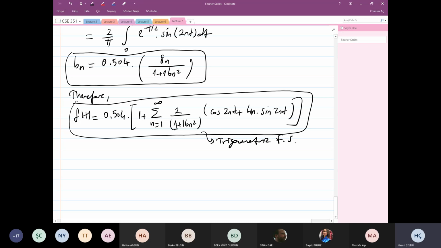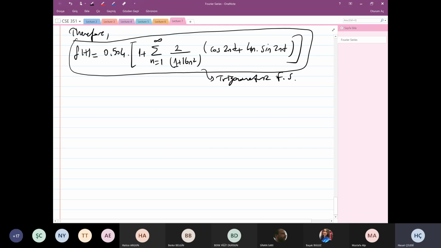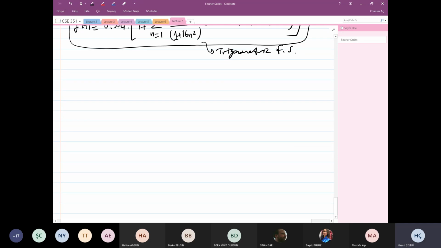But what I'm asking, remember guys, was the compact trigonometric Fourier series. So what was the compact trigonometric Fourier series? Remember guys, from the previous page, it was f of t is equal to c0 plus the sum from n equals 1 to infinity of cn times cosine n omega 0 t plus theta n.